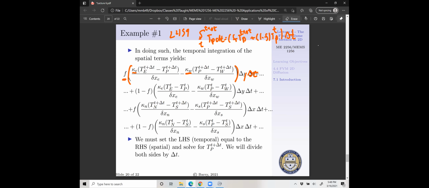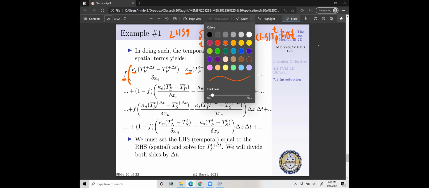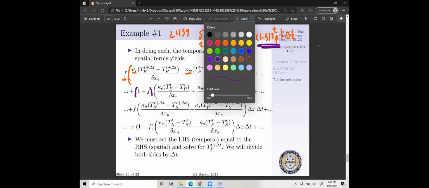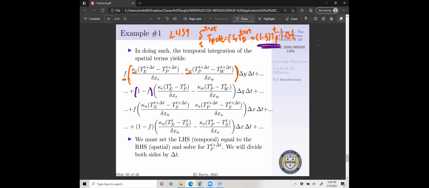And then all we have to do is consider our contribution from our previous time step. So we'll have 1 minus f, our weighting factor, and we're going to have the same expression. However, we're just evaluating it at our previous iteration level, our previous time step. So we'd have our diffusivity at our east interface, T east at time step t, minus Tp at time step t, per delta x east, minus our diffusivity at our west interface, Tp at time step t, minus T west at time step t, per delta x west.